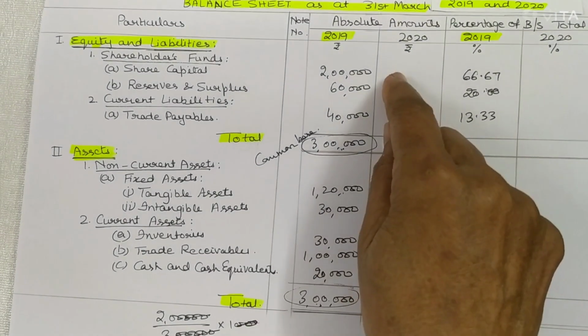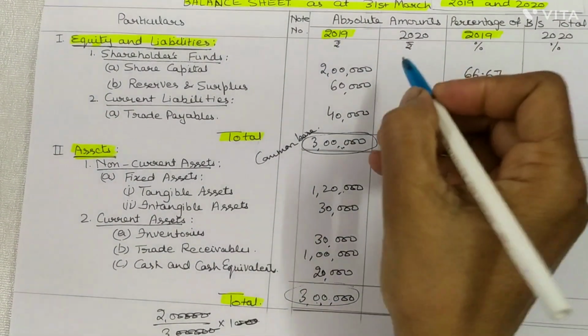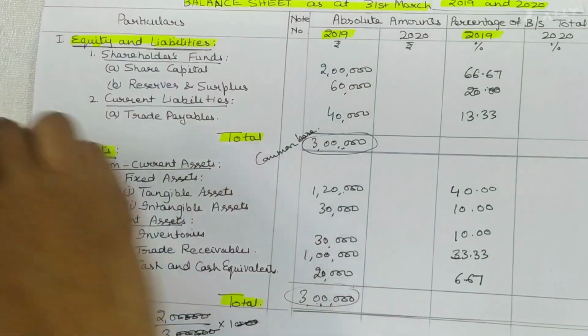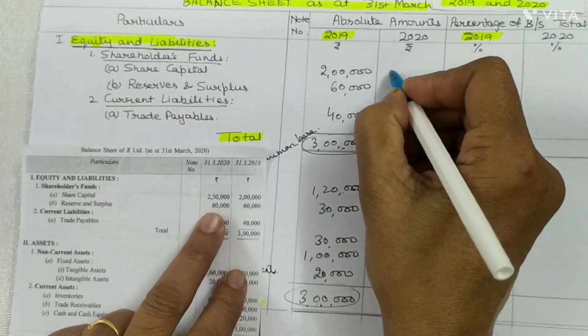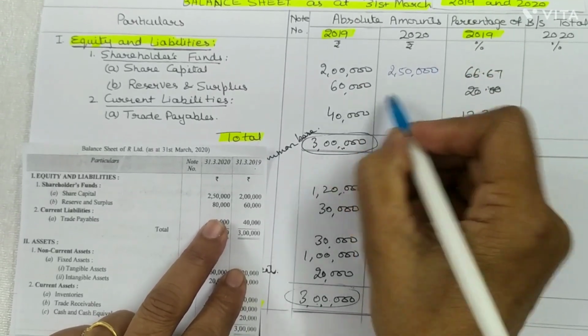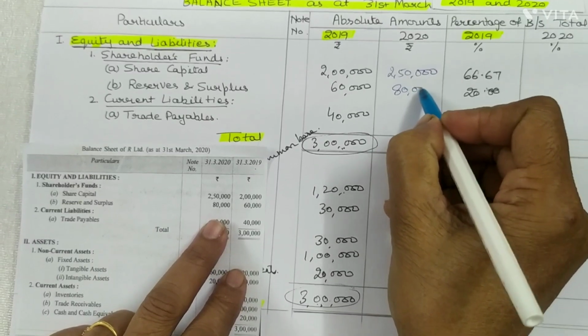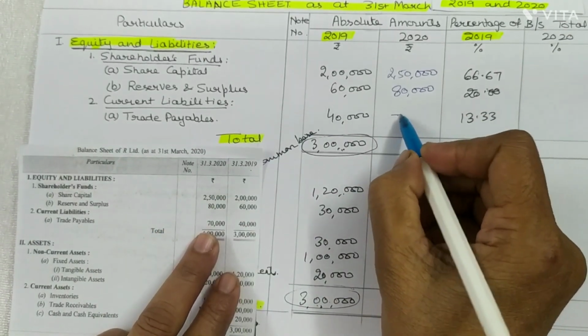Now we take current year figures. Okay. Current year figures given in questions are: share capital is 2,50,000. Reserves and surplus is 80,000. Trade payables are 70,000.